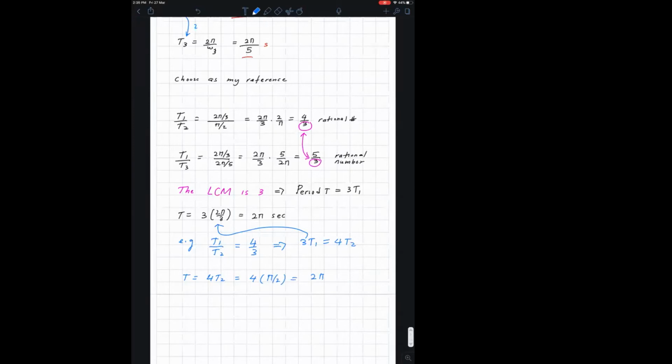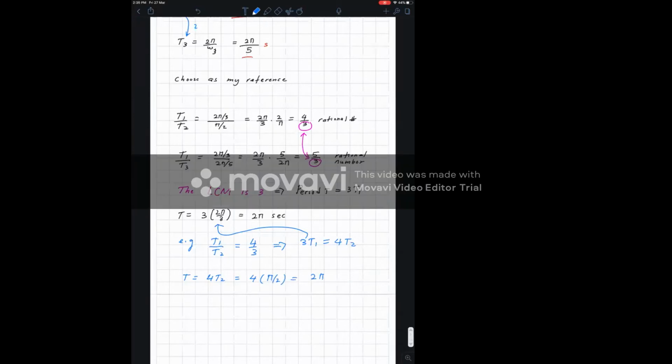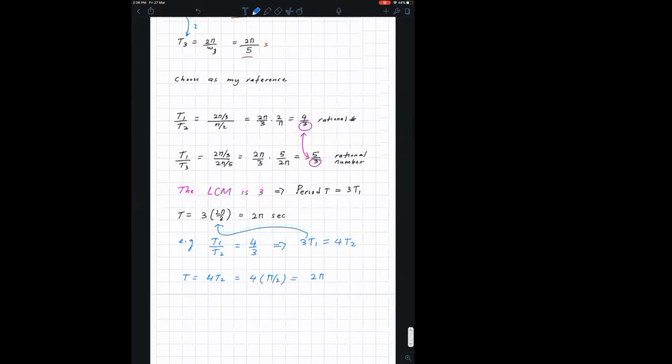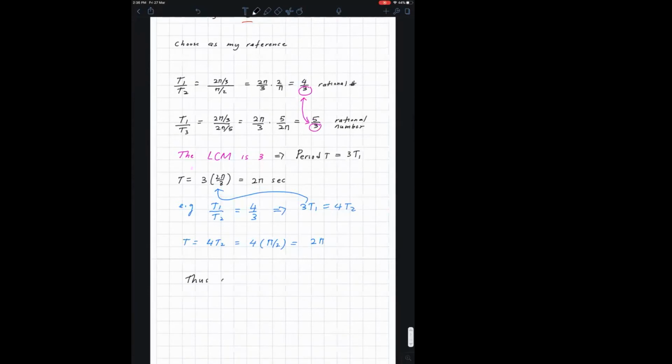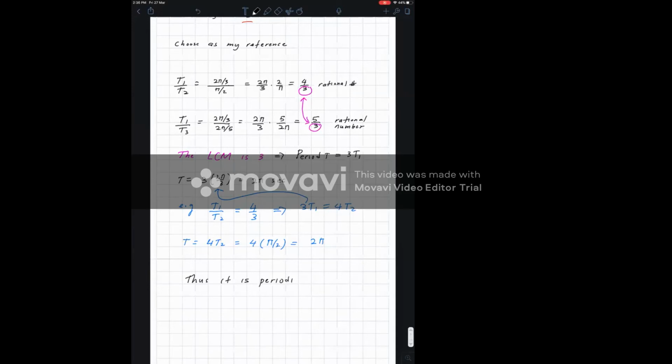The most important thing is to identify the LCM. Thus it is periodic with T equals 2 pi seconds.